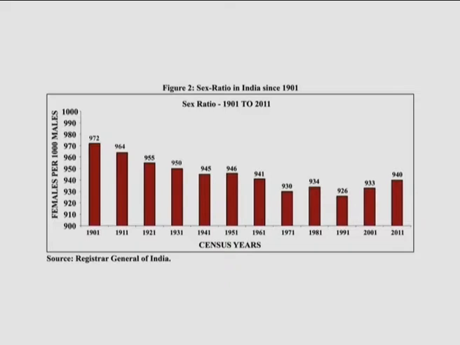The country has a sex ratio of 940 females per 1000 males in 2011, which is a slight improvement during the last decade, but the country never reached the level of 1901.